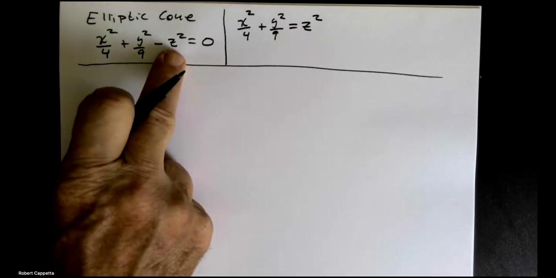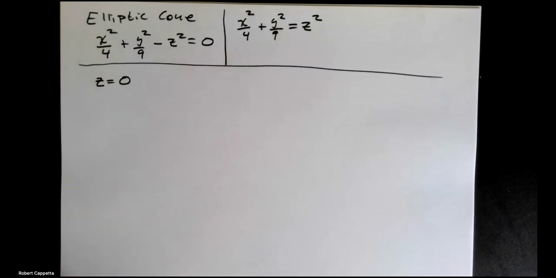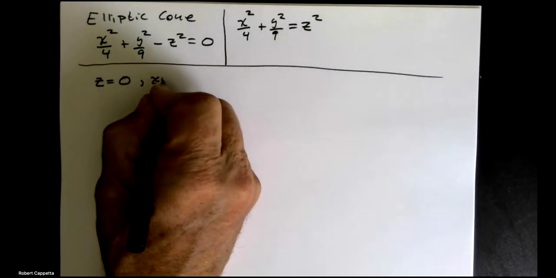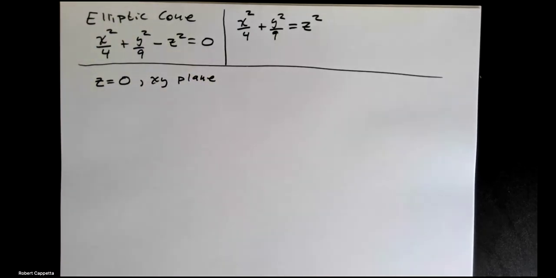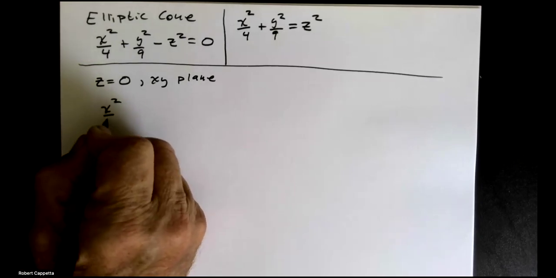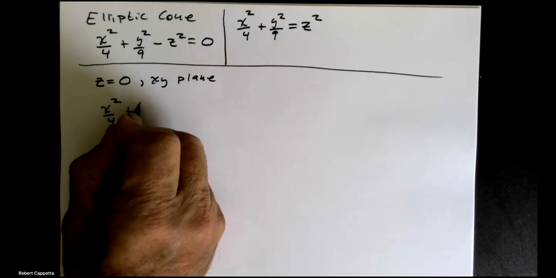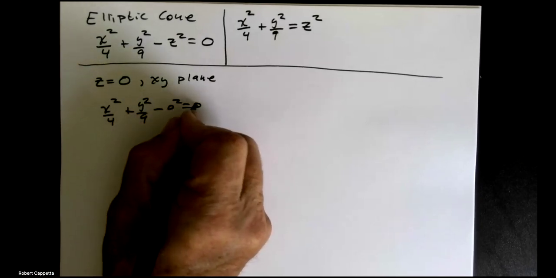And let's first take a look at what happens if z equals 0. So where does this intersect the plane where z equals 0? And that, of course, is the xy plane. What does that intersection look like? Well, if z is 0, I have x squared over 4 plus y squared over 9 minus 0 squared equals 0.